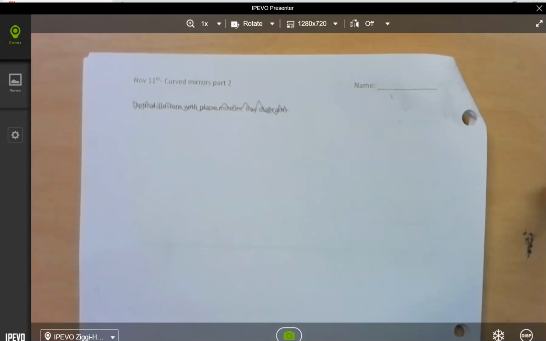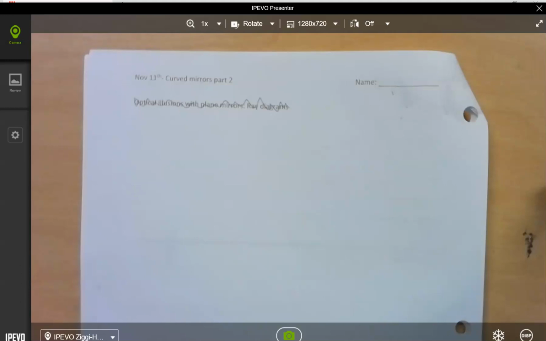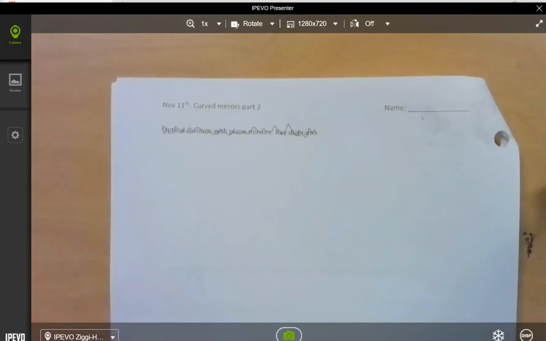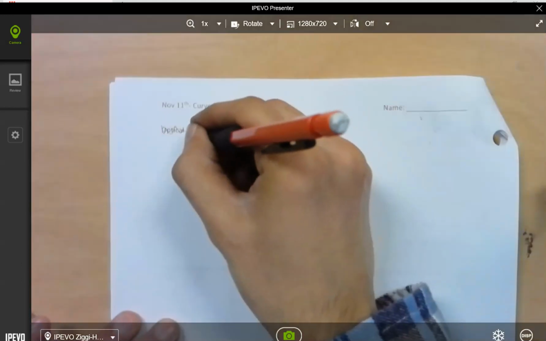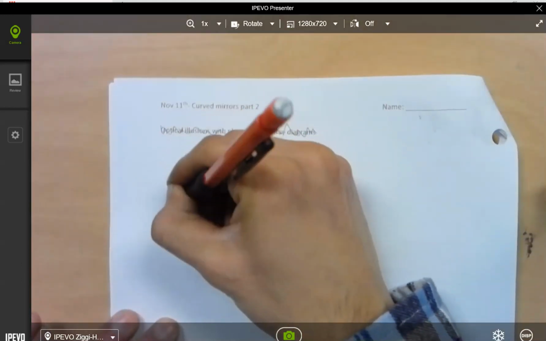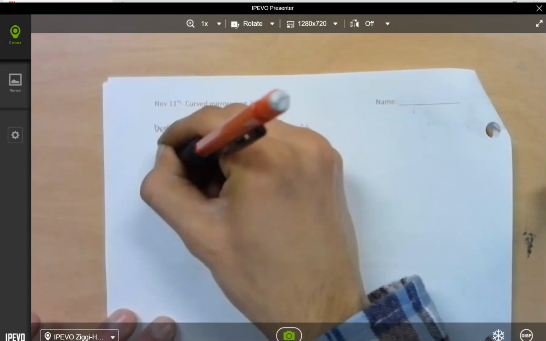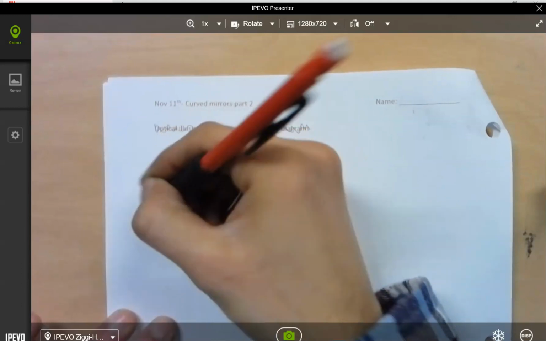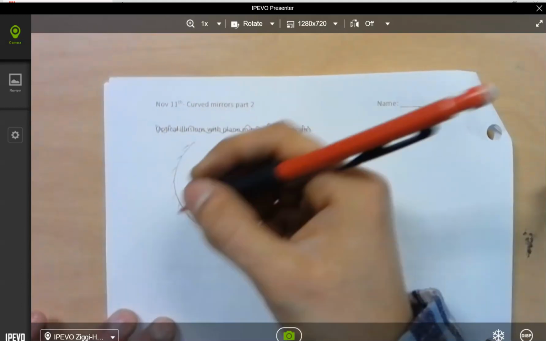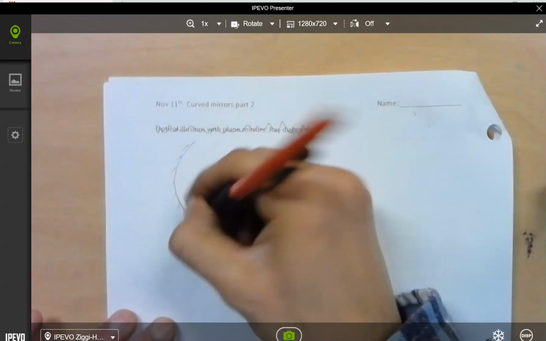So I'm going to continue on this page, just for fun. If you have room, you can just continue there. Yeah, I think so. Depends on how big you write.